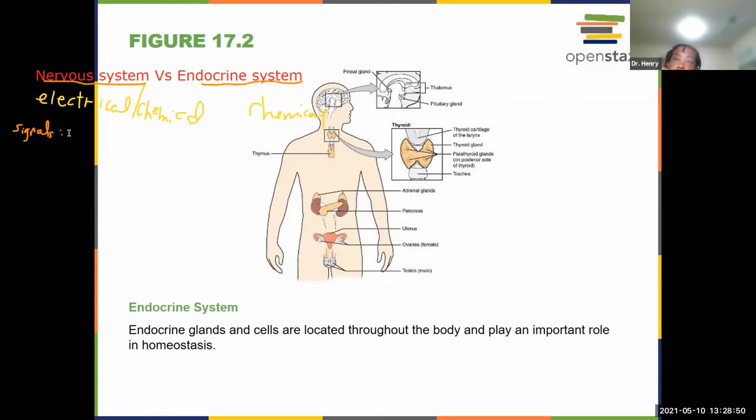So neurotransmitters, and what would be the one for the endocrine system?